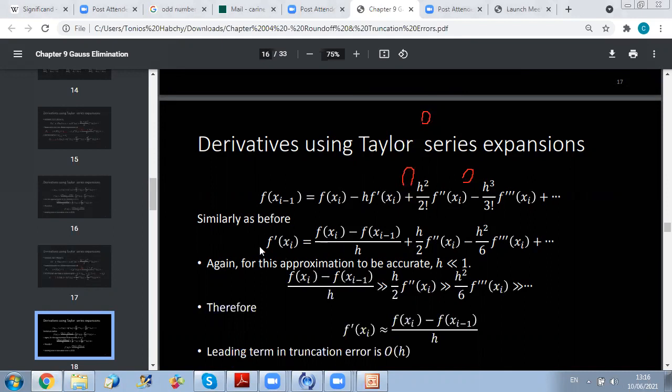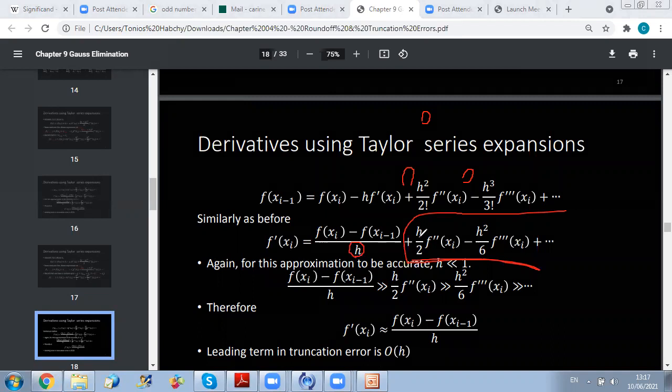Now when you obtain the derivative result, after dividing by h, it's (f(xi) minus f(xi minus 1)) over h, plus h over 2 f second, minus h square over 6 f third, etc. But here also we can neglect these terms compared to (f(xi) minus f(xi minus 1)) over h, because we are dividing by a small number, while these terms are multiplied by a small number, and the highest error will be of order h, because as I multiply by h, the error is reduced.